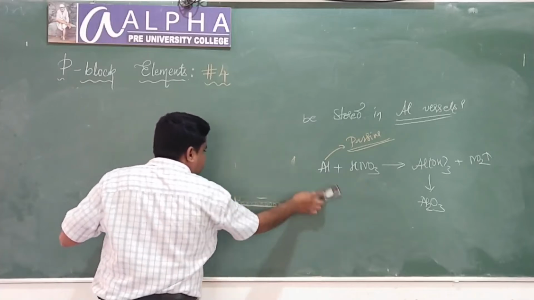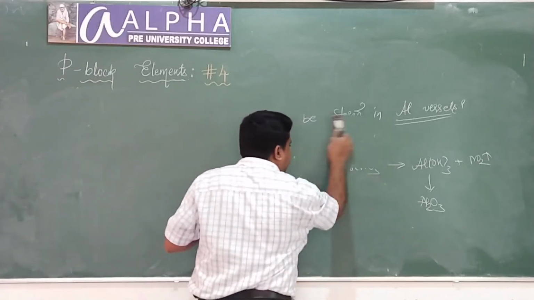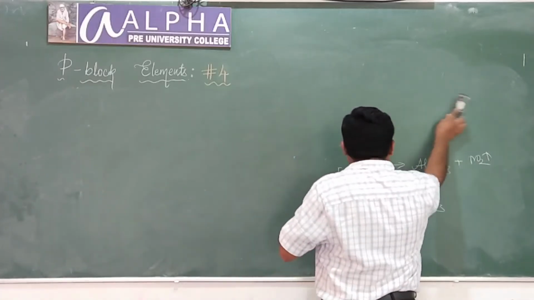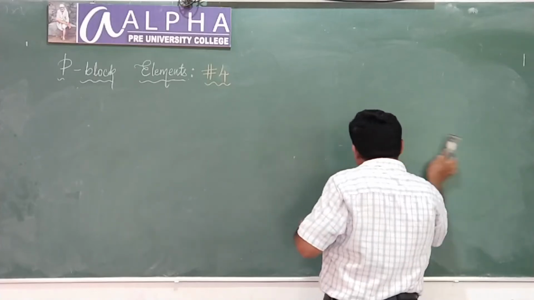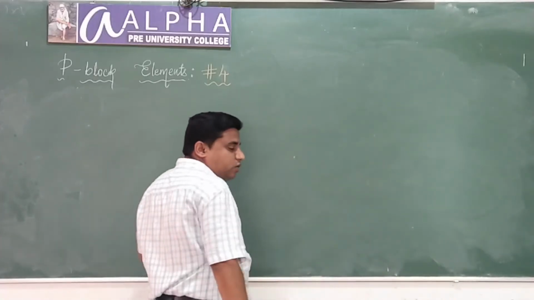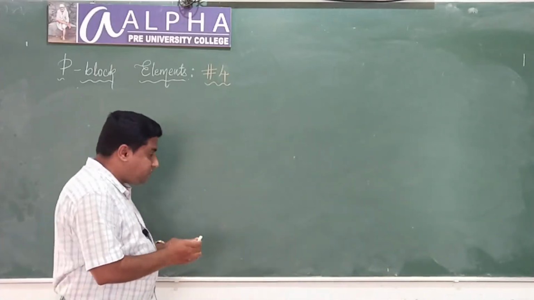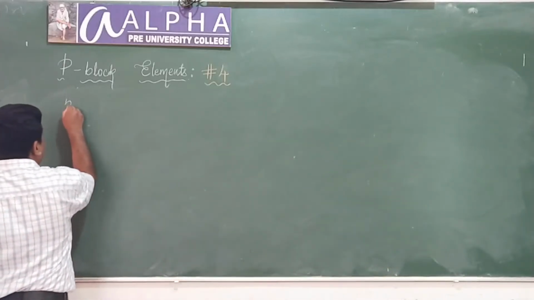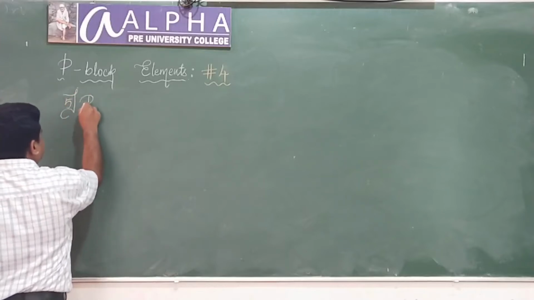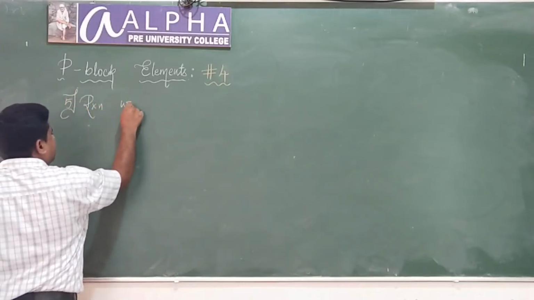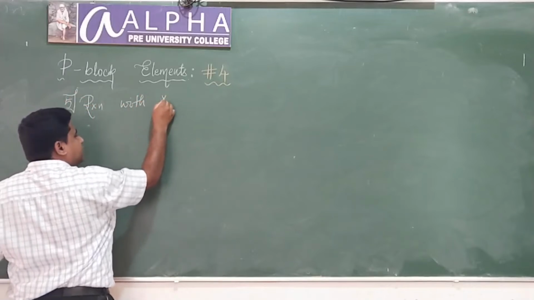Reaction of boron family elements with halogens. Okay, look here. Reaction of boron family elements with halogens. Fifth reaction. Reaction with halogens.